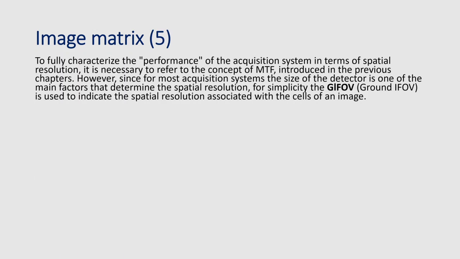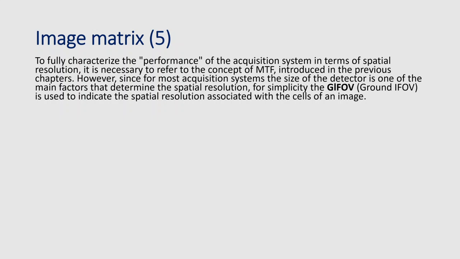To fully characterize the performance of the acquisition systems in terms of spatial resolution, it is necessary, as we know, to refer to the concept of MTF introduced in the previous chapter. However, since in most acquisition systems the size of the detector is one of the main factors that determine the spatial resolution, for simplicity, the GFOV, that is another way to call what we mentioned as AFOV, that is the effective instantaneous field of view.